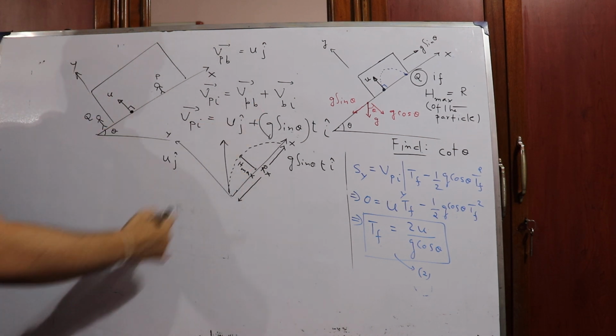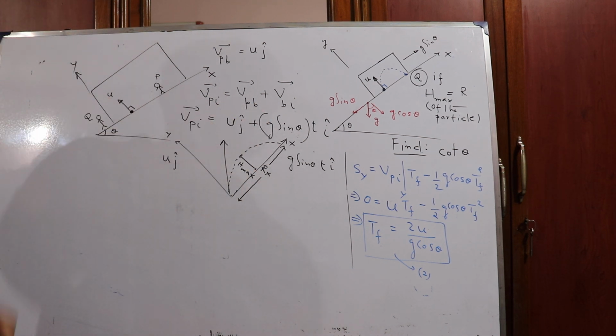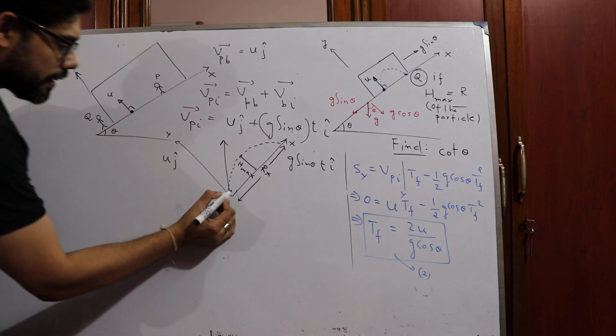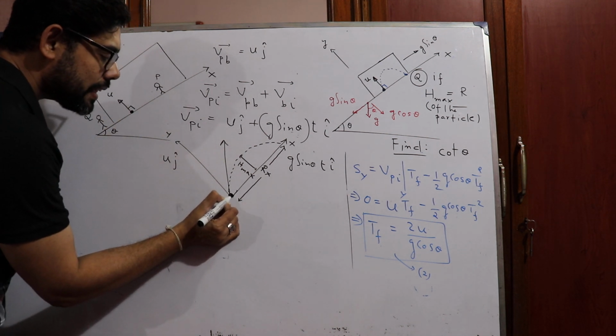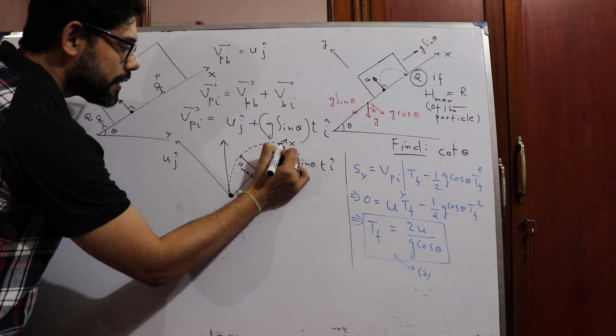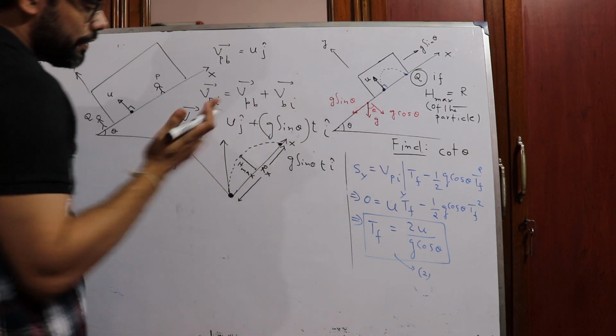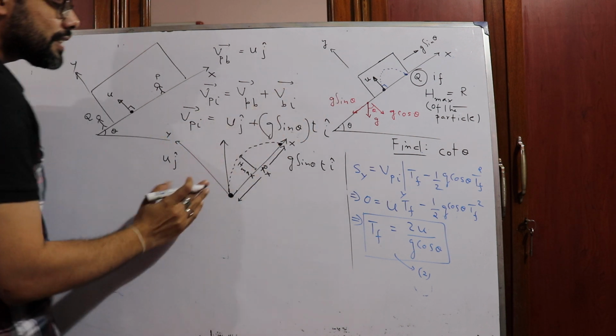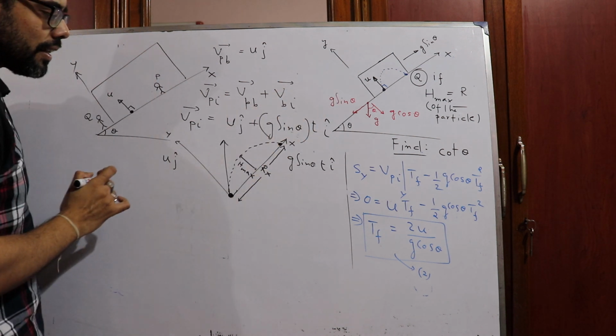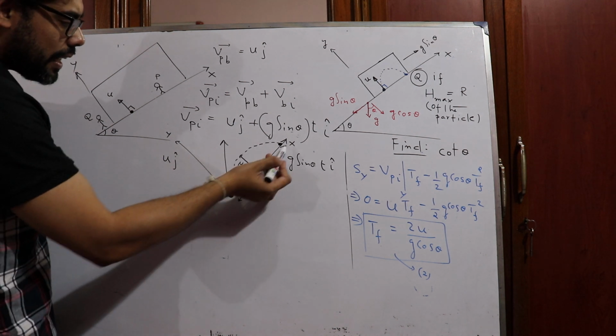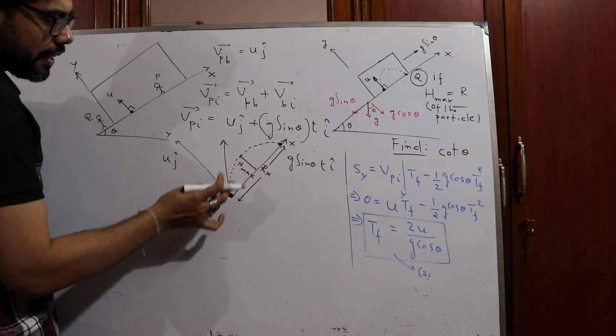And it is told that these two, h max and rx, are equal. Now you please see, if this is your axis, the particle starts from here and ends here. That means on the same horizontal level, the particle is landing. That means the vertical displacement of the particle is zero.